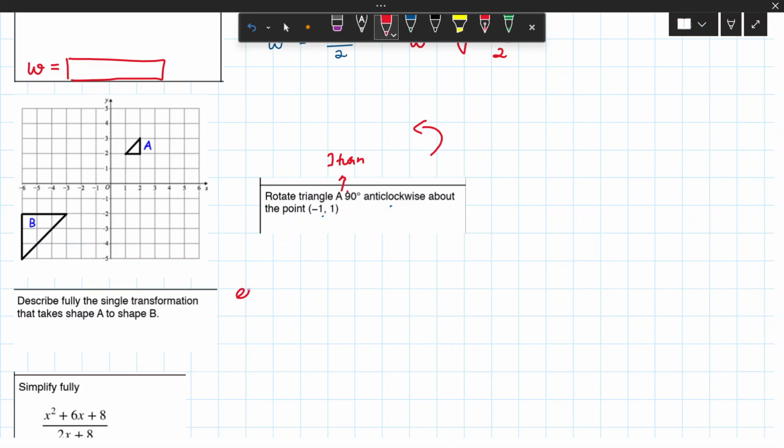Hence the single transformation that we are looking for is an enlargement. If it is an enlargement, the next question is what is the scale factor? The sides here are 1 and 1. They have now become 3 and 3. So the scale factor is 3.